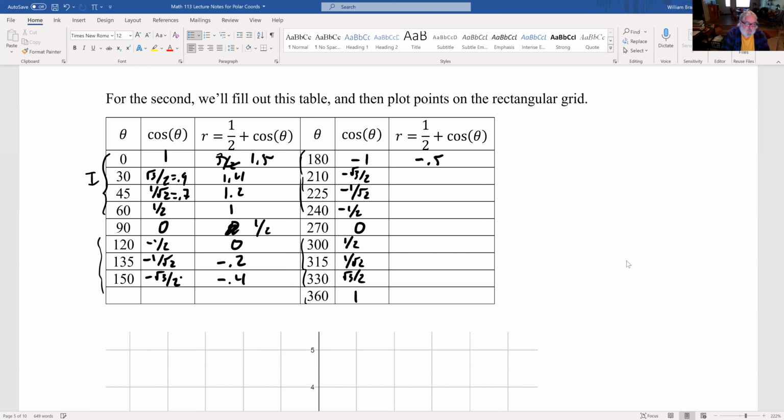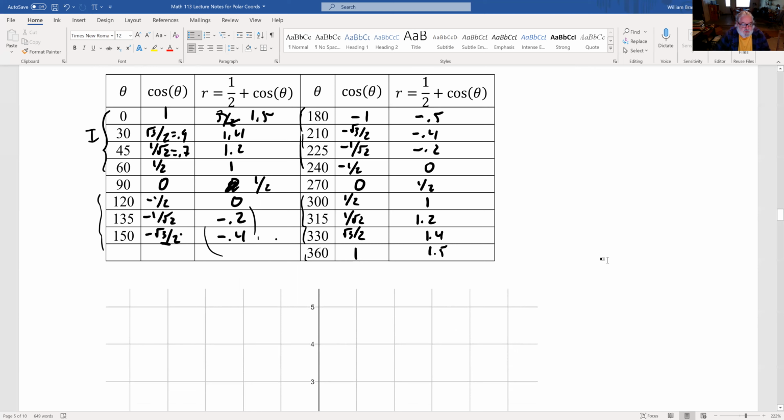So we've got some negative R values here. We have to be a little bit careful on how we deal with them. And then the numbers go back again. We've already calculated what minus root 3 over 2 would give us, so minus 0.4, minus 0.2, 0, 1/2, 1, 1.2, 1.4, 1.5. So those are various R values.